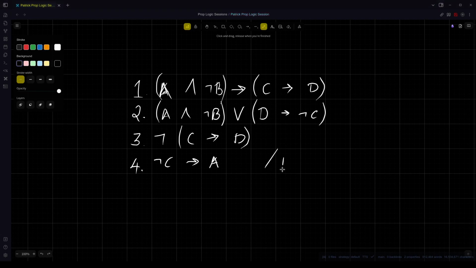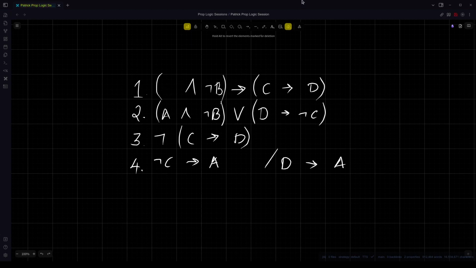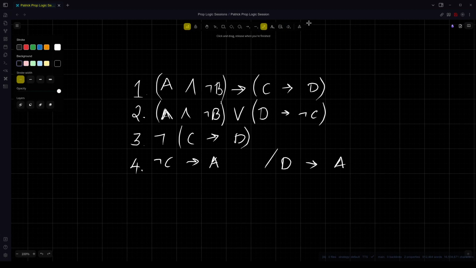Okay, let's try it. So this is A. I'll just rewrite it in case. This is also A. I'll also rewrite this.